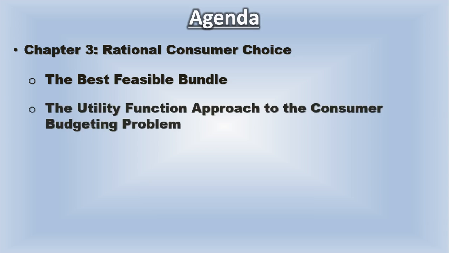And then we'll talk about that equilibrium, which is known as the best feasible bundle, most affordable bundle, different ways of characterizing it, but that's just the name of the section in the book. And then we will look at the same equilibrium via the utility function approach.